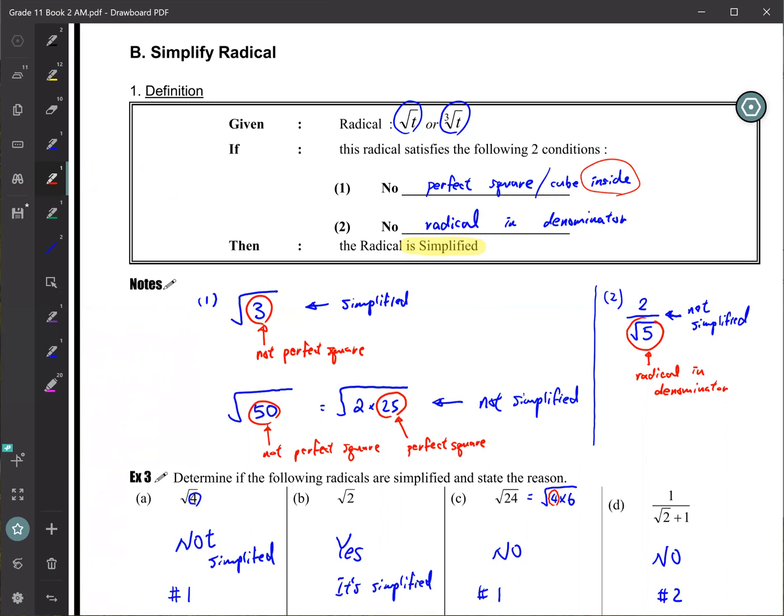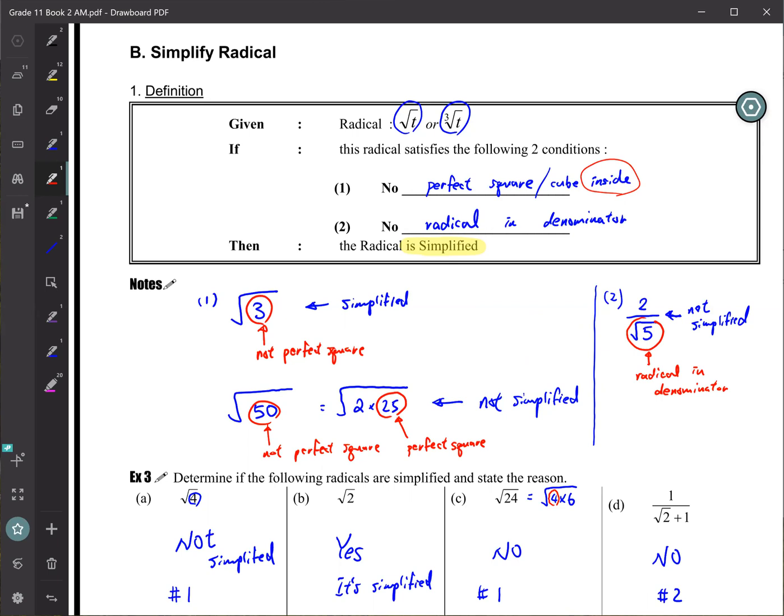If it's a prime number. Okay, prime number, yes, but not always. A prime number for sure is simplified, but some non-prime numbers are also simplified.